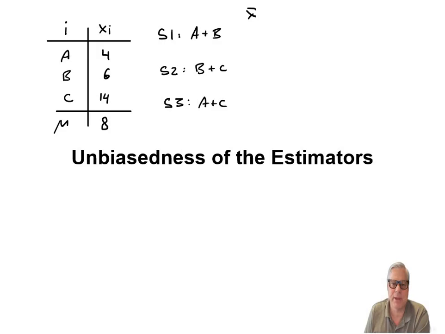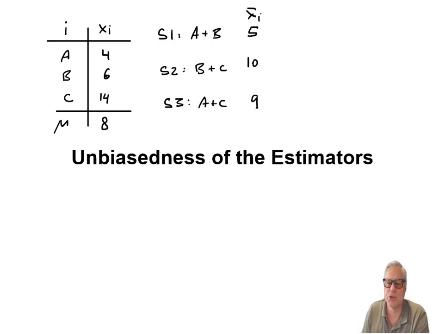For A and B, 4 and 6 over 2, so that would be a sample mean of 5. X bar is 5. Then for B and C, 6 and 14, the sample mean is 10. The last sample, A and C, 4 plus 14 is 18, which averages out to 9.